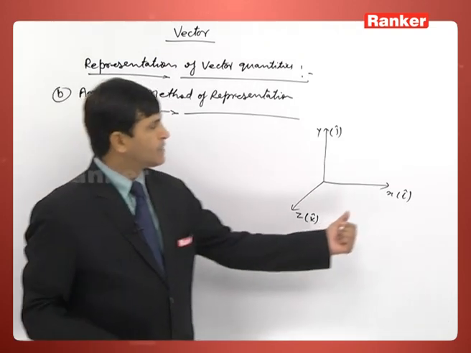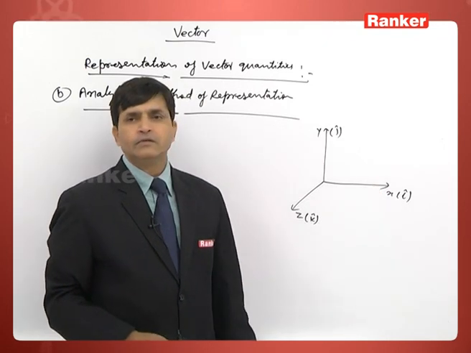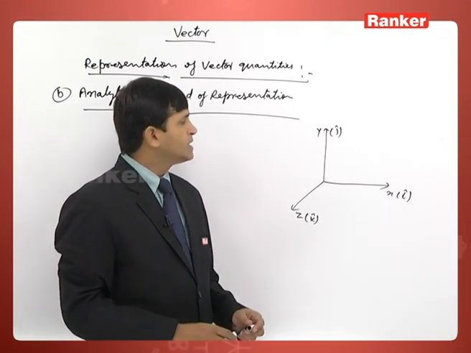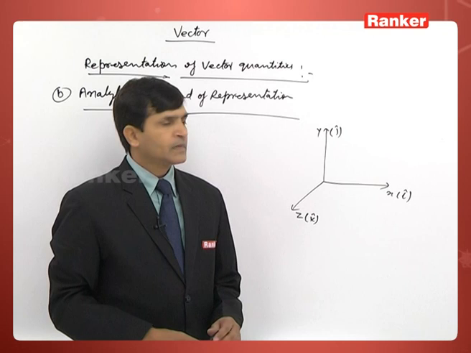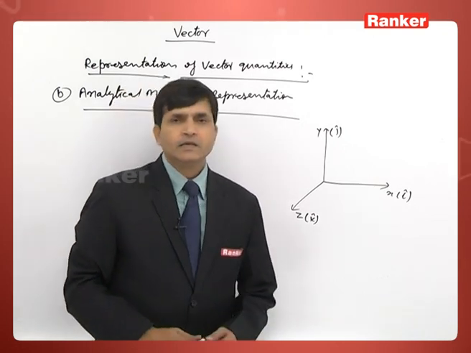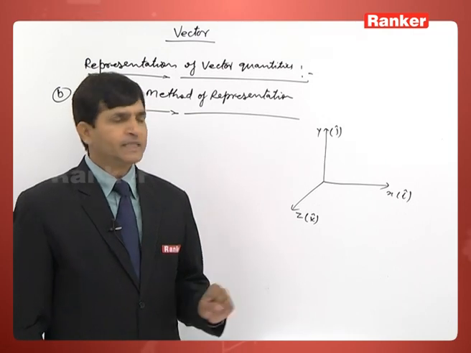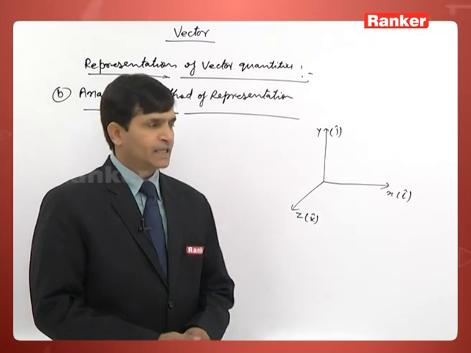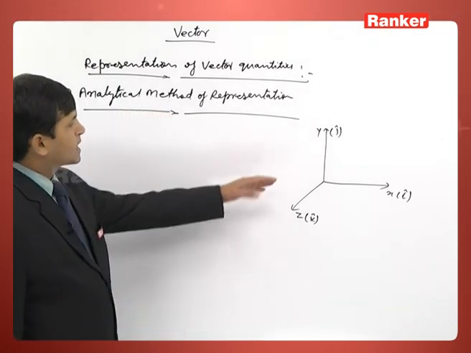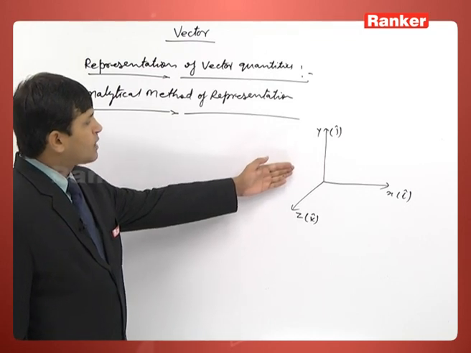I, j, k are also known as the unit vectors. Unit vectors are vectors which have only direction and their magnitude is 1. So these vectors can be multiplied with any quantity, the magnitude will remain the same, but they give the direction.